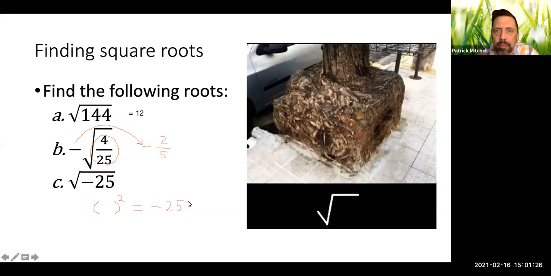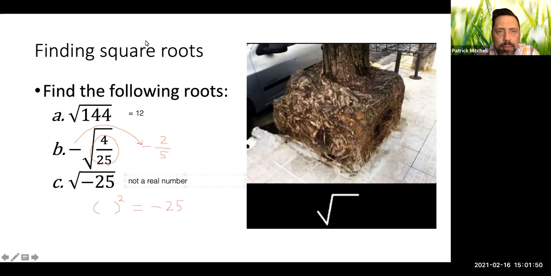A positive times a positive is positive. A negative times a negative is positive. The closest you could come would be 0, but even 0 times 0 is 0. So the answer is never negative. For this reason, we say that the square root of negative 25 is not a real number.